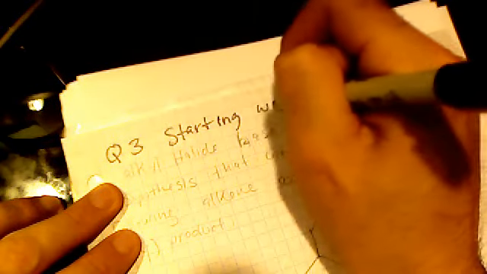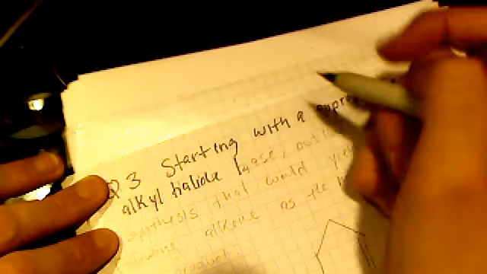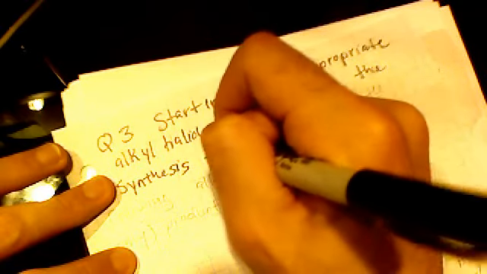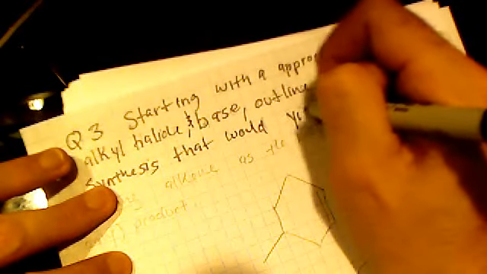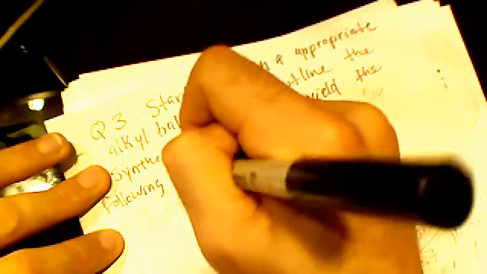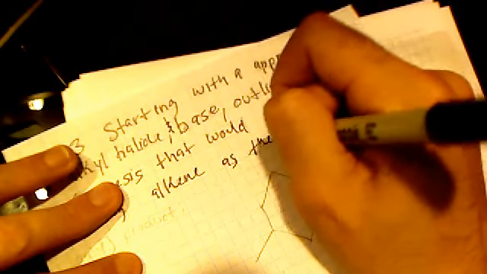The question says, starting with an appropriate alkyl halide and base, outline the synthesis that would yield the following alkene as the major or only product.